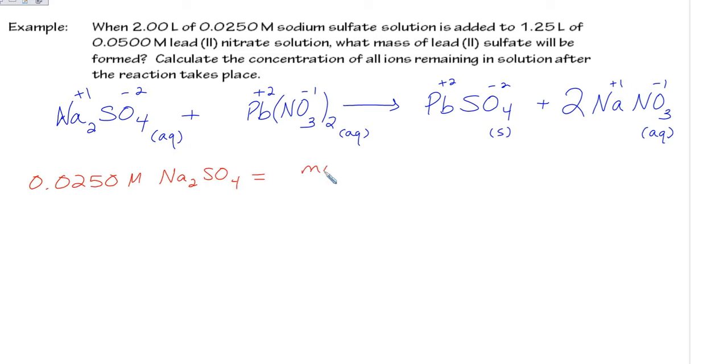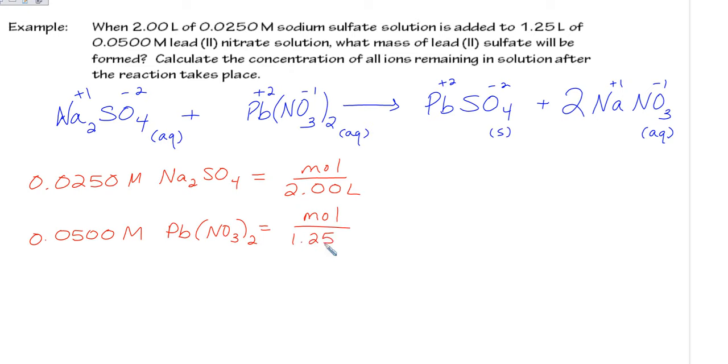Molarity equals moles per liter. There's 2 liters. We're going to solve that for moles. And we'll do the same thing with the other solution. It's 0.05 molar lead nitrate, and that's moles per liter. What do we got? 1.25. So we'll cross multiply and we'll throw these guys into moles.